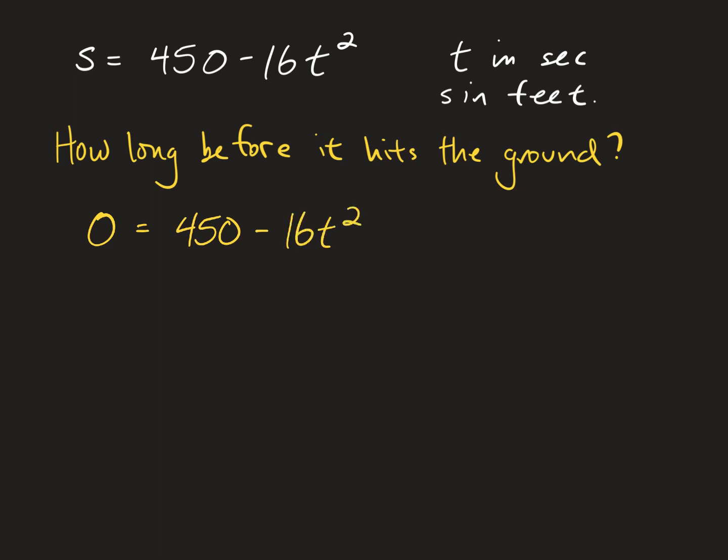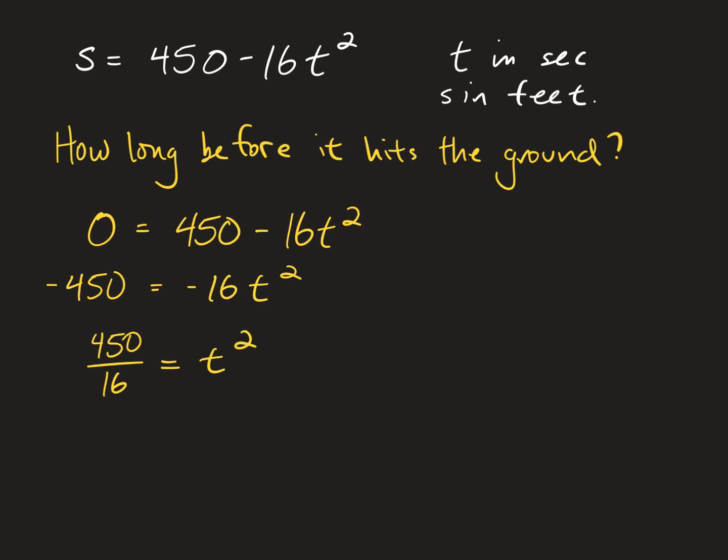So you can subtract 450 from both sides. Then you can divide both sides by negative 16. A negative divided by a negative would give you a positive.